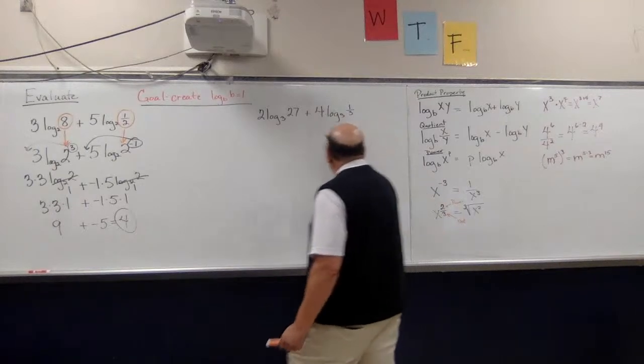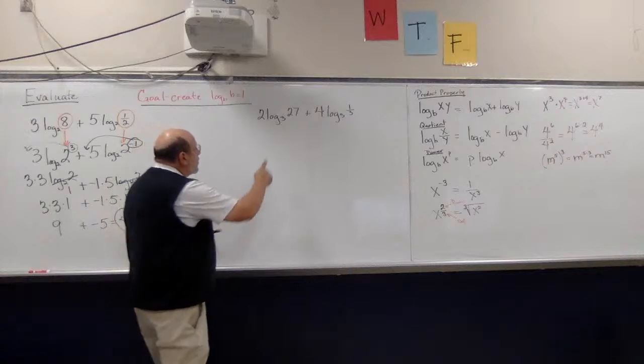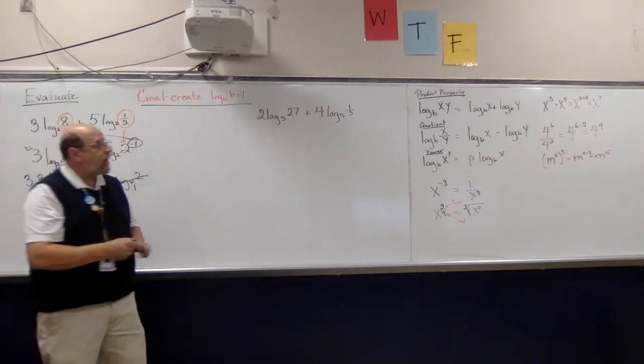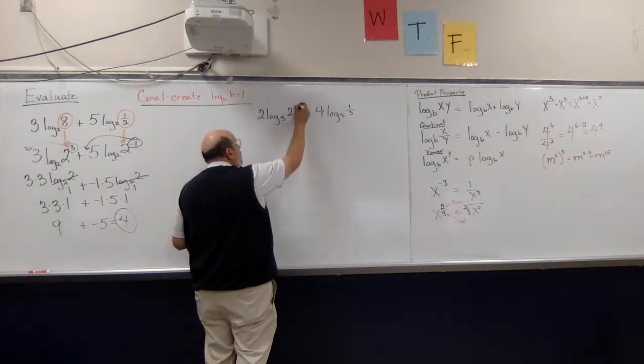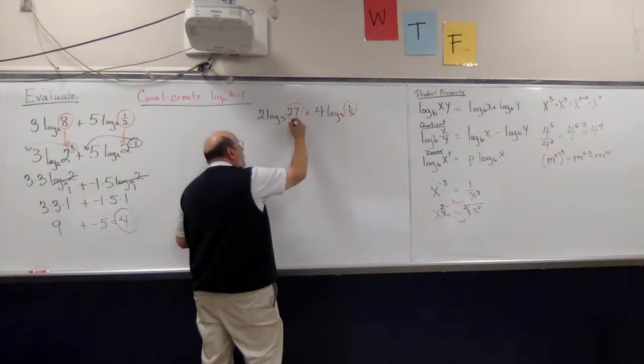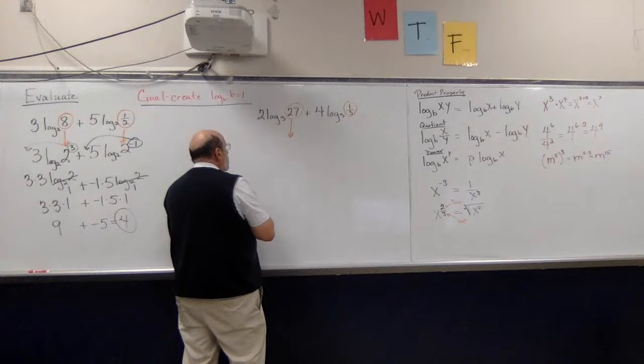All right, let's take a look at this one. What do I want? I want some power of 3 because my log base is 3, okay? And I want it with these two arguments. This one and this one. This one we know. They like cubes for some reason.